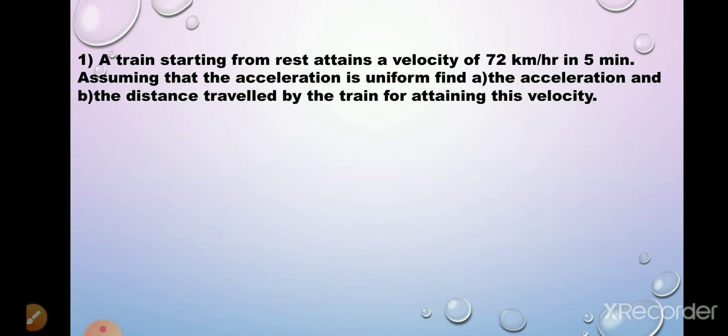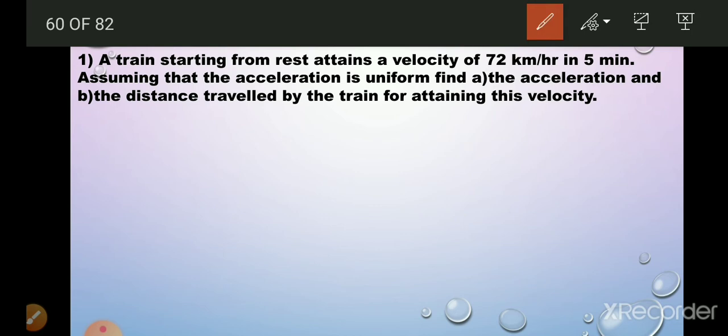So, let us write down what is given first. Initially the train is at rest, so u, the initial velocity, is equal to 0, because the train is at rest.